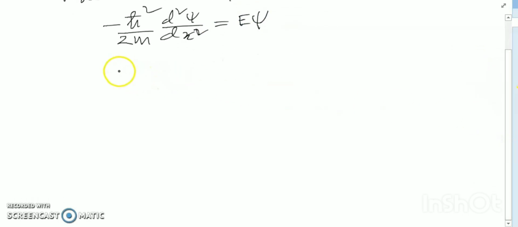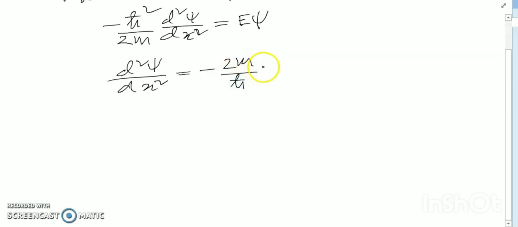And d square psi divided by dx square is equal to minus 2mE psi divided by h bar square.